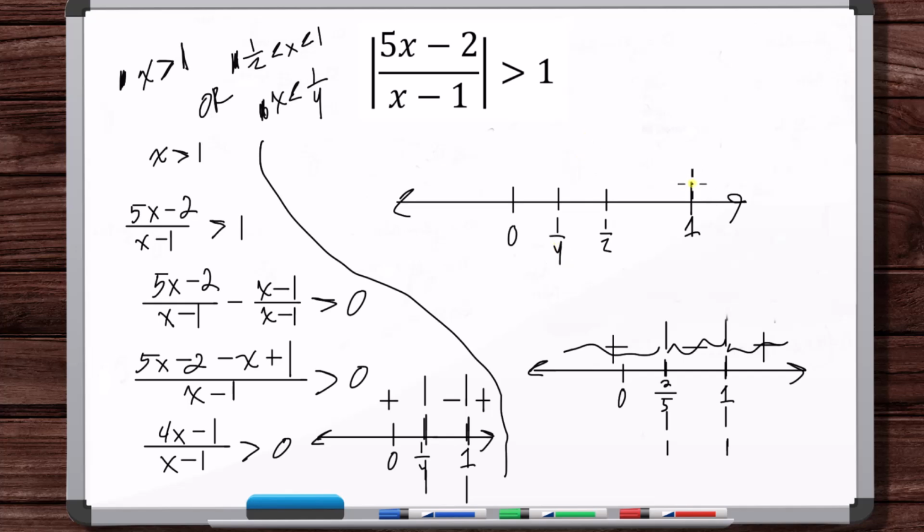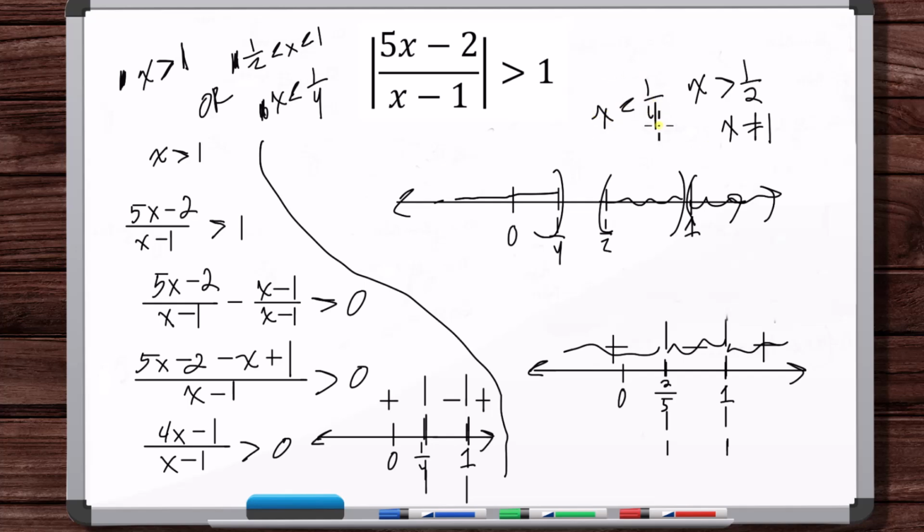Okay, so x is greater than 1. x is less than 1, greater than 1/2. x is less than 1/4. So we can see that we've got x is greater than 1/2, but x is not equal to 1, and then x is less than 1/4.